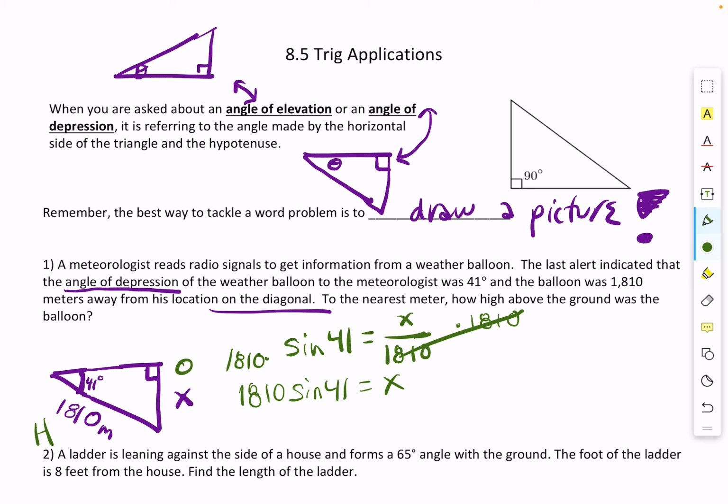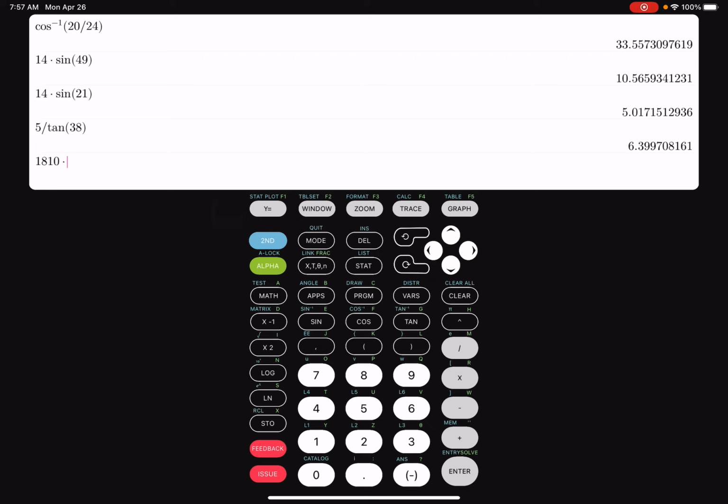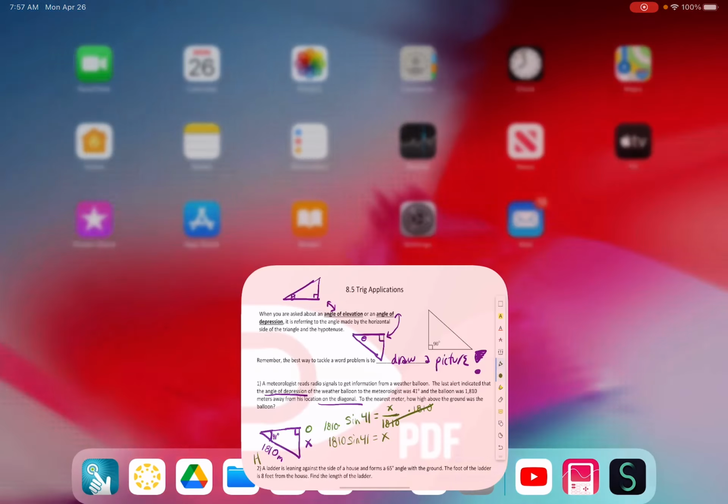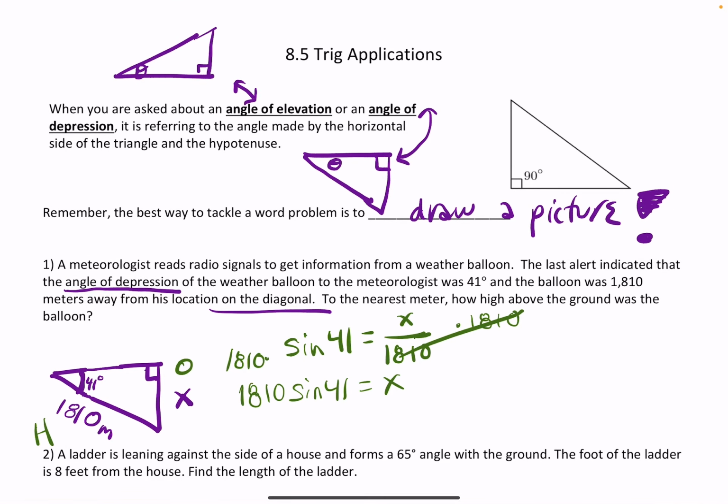And then I figure out what that is in my head, right? No? Okay, so maybe I could use my calculator. Whoa. I know. So 1,187.47.